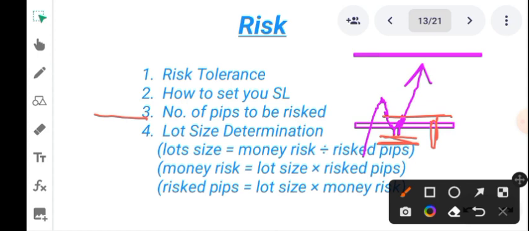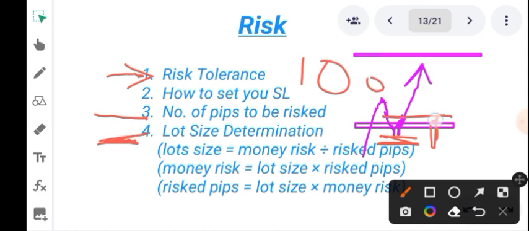After you have gotten that, the next thing you want to do is determine what lot size you are going to use to arrive at your exact risk tolerance. Assuming your risk tolerance is $10, what lot size should you use to arrive at this $10?